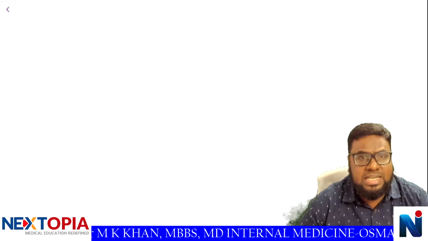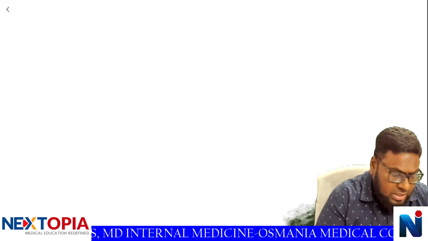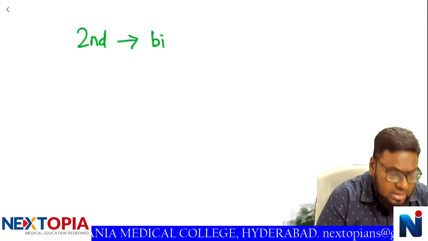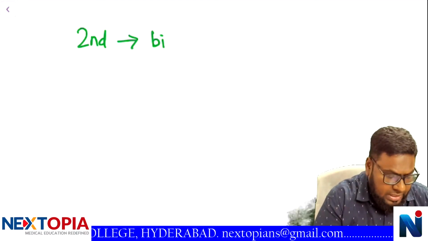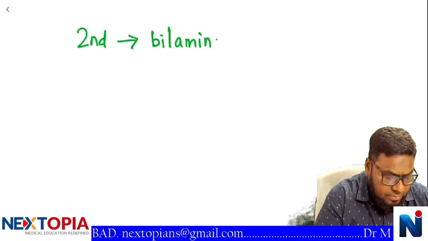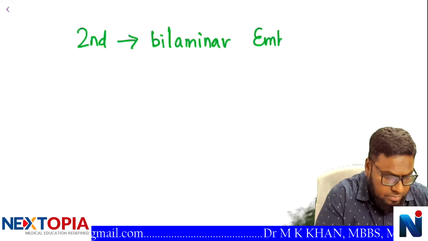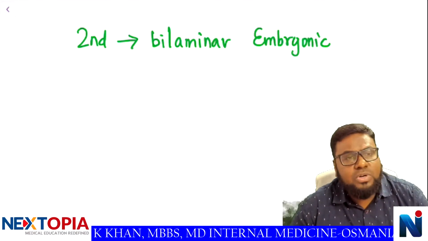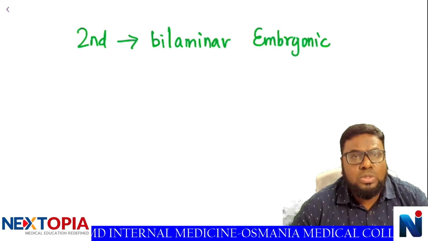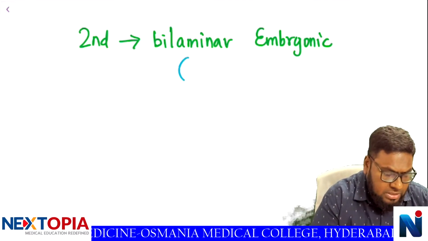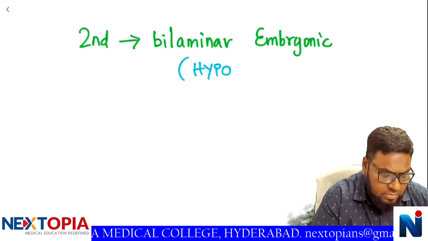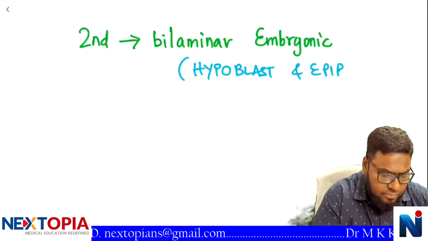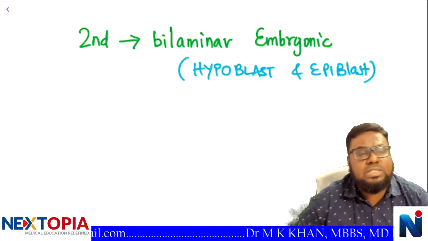During the second week to third week, the second week marks the appearance of the bilaminar embryonic disc, bi means two. So what are the two layers here? Epiblast and hypoblast. In my last class only I introduced these terms.